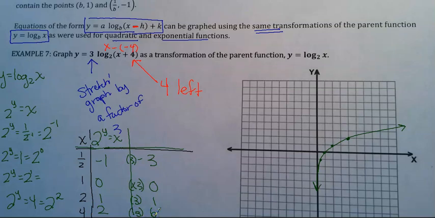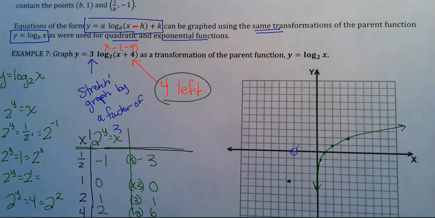So I'm going to have (1/2, -3). But I also have to move it left, so don't forget 4 to the left. I'm going to take this one, which should be (1, 0), but I'm going to move it 4 over.